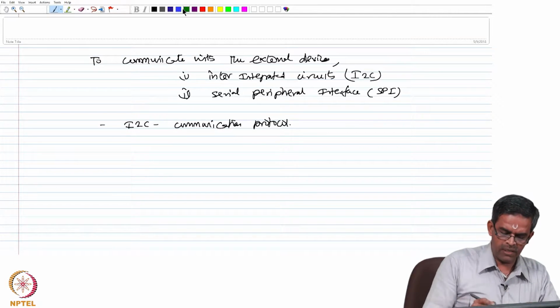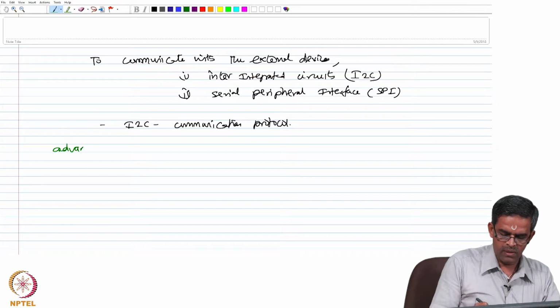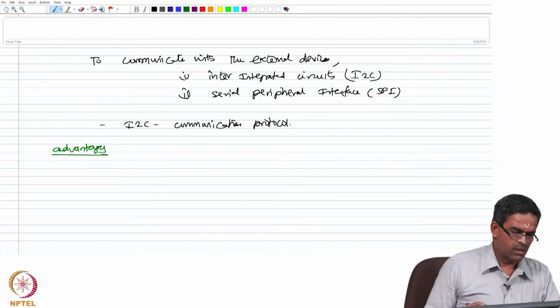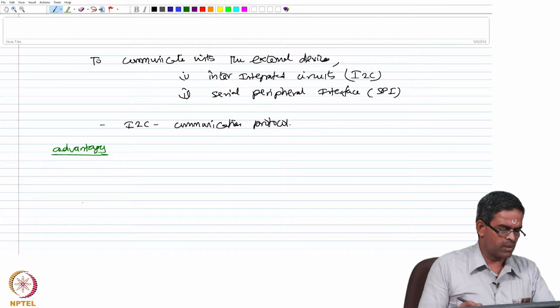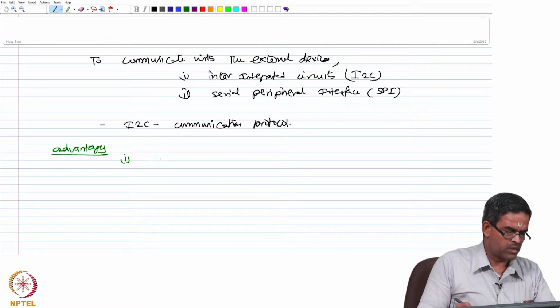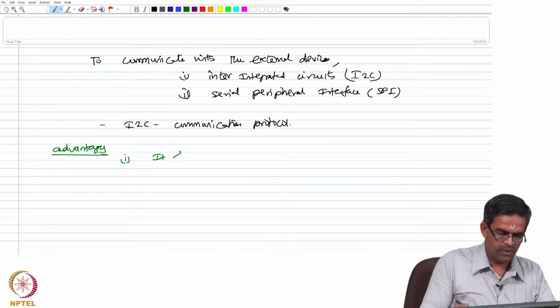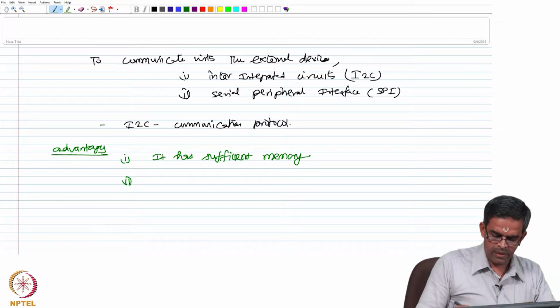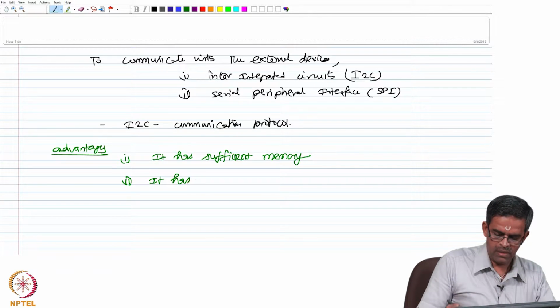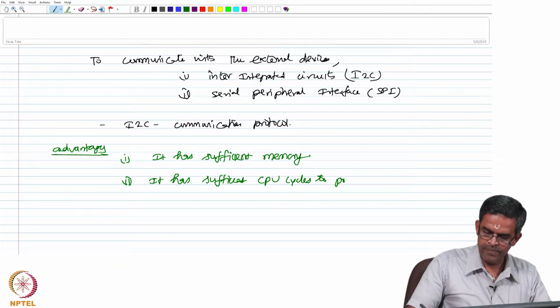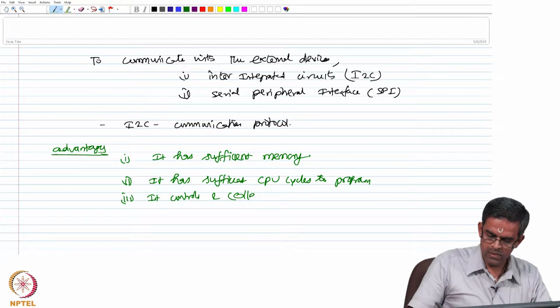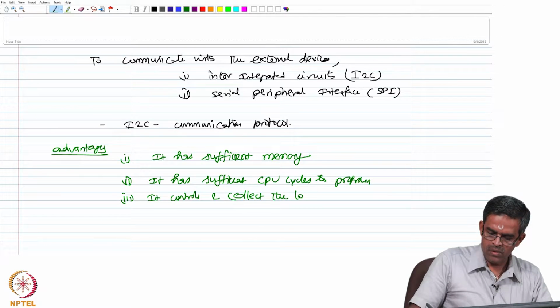There are many advantages of using this. I am looking at the important ones. One is it has sufficient memory. It has sufficient capacity to program. Third, it can handle data from sensor units.